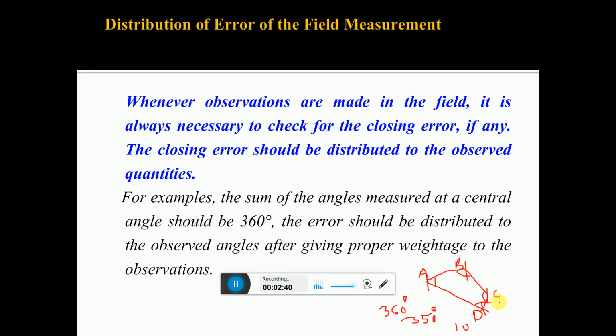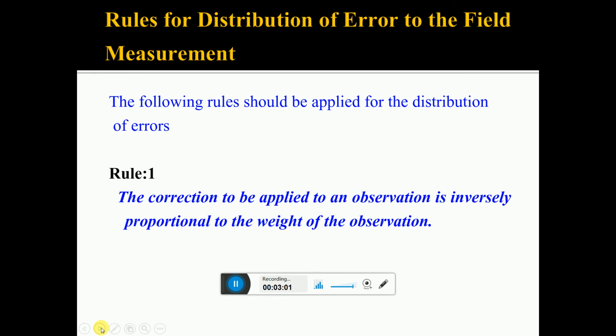So, whenever we take a measurement, we have to check for the closing error. How do we distribute this error between A, B, C, D? We will discuss this. There are two rules for the distribution of error to the field measurement.